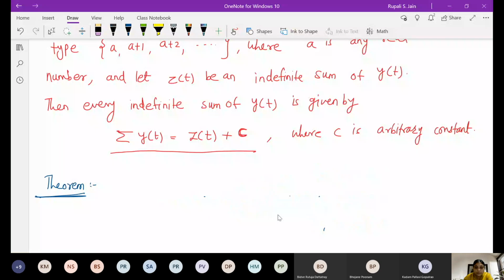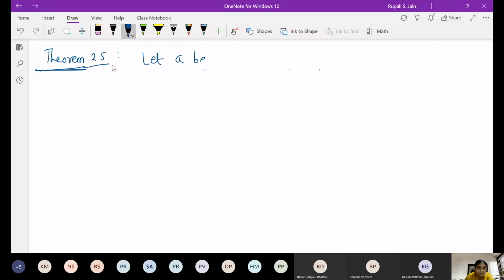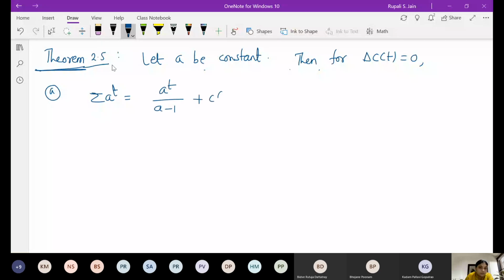Okay, so we will go to the theorem. Theorem 2.5. Let A be constant. Then for delta C of t equal to 0, A, summation a raised to t is nothing but a raised to t upon a minus 1 plus C of t, where a is not equal to 1.